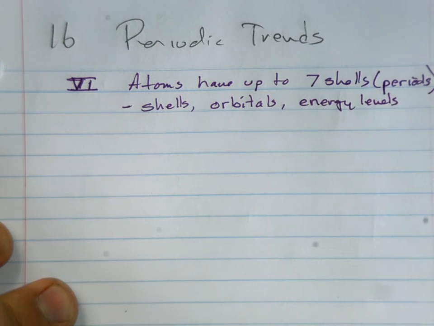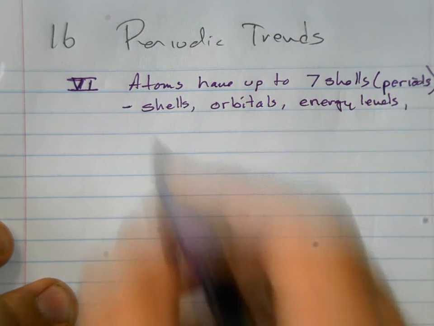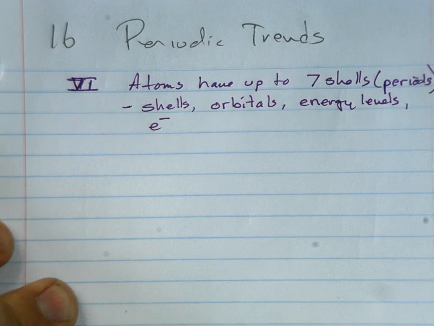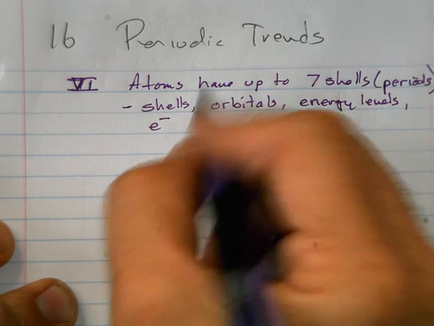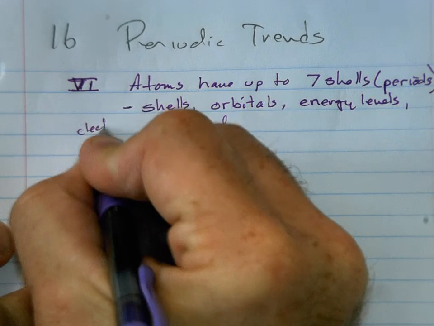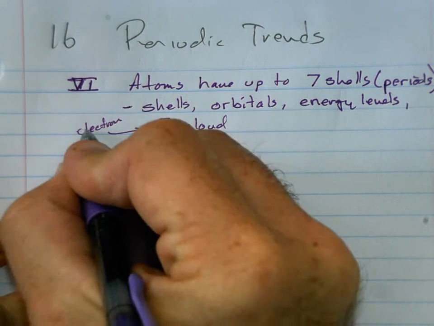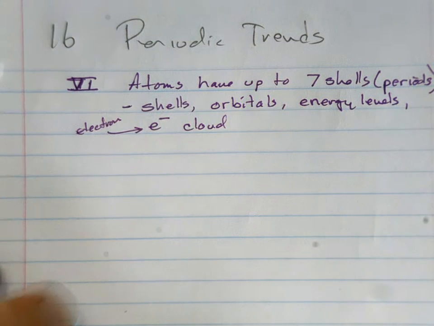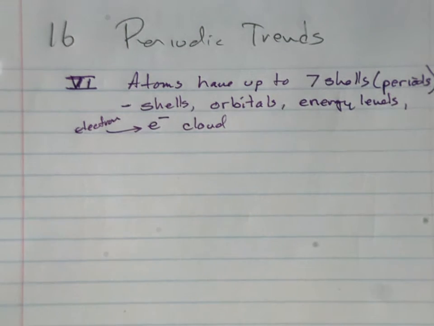You'll hear that. And then they'll maybe even call it the electron cloud. I abbreviate electron with an E negative, electron cloud. And if you need to, it's always good in a new set of notes if you're not used to it to put little, when you do abbreviations, to define them.